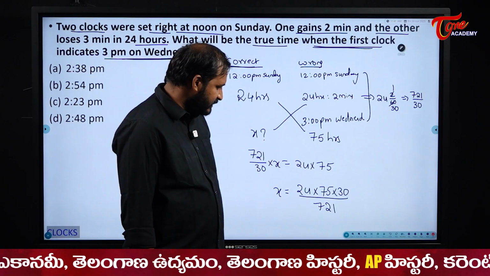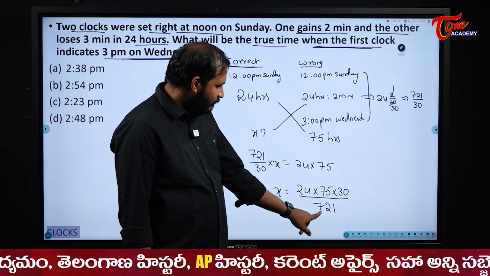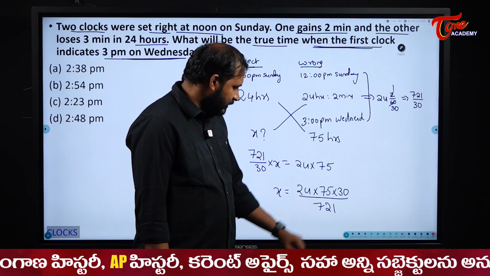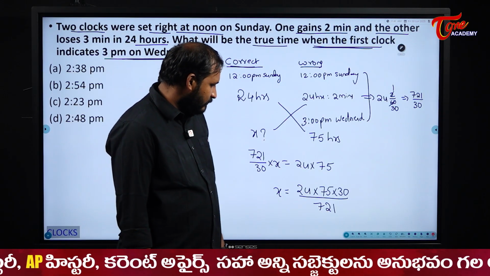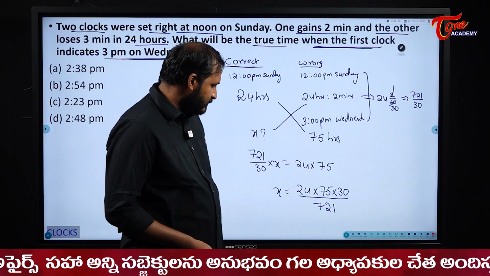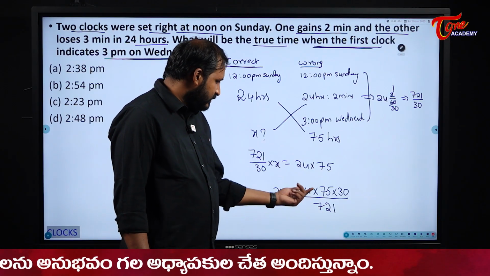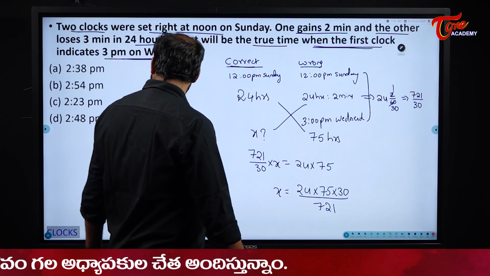What is the other choice for us in this case? 103. 103 is a prime number. We cannot cancel that 103. And here also it is not possible. 721 is only 7 and 103. Still, it is not getting cancelled here.